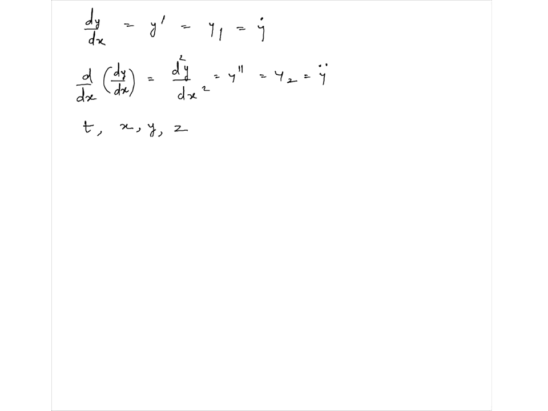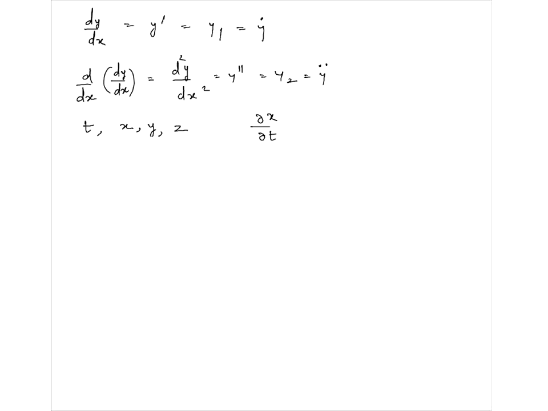If you want to study rate of change of only one variable with respect to other, then in place of d, this sign is used. If I want to study change in x with time, I really am not concerned about y and z.